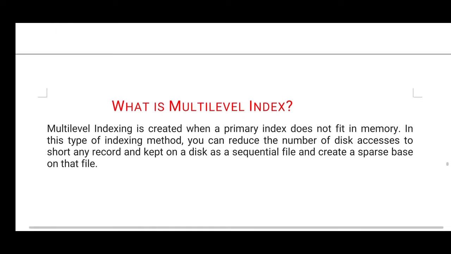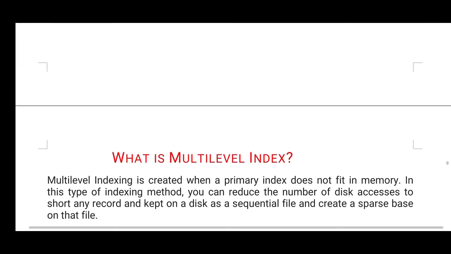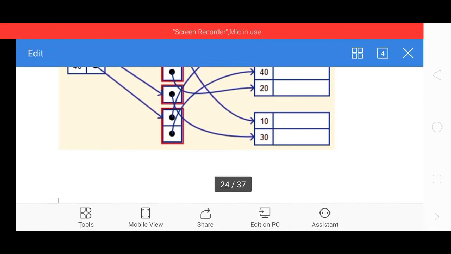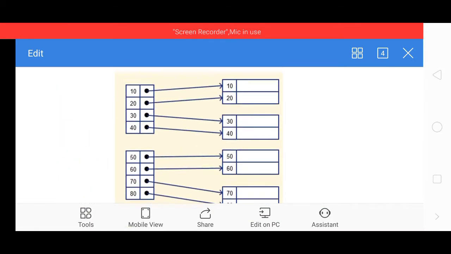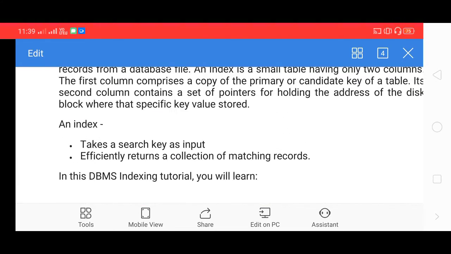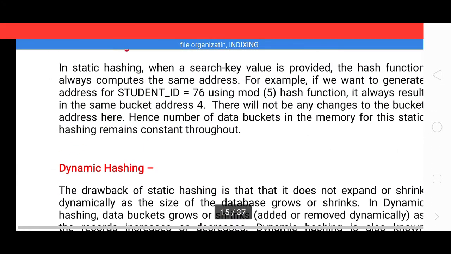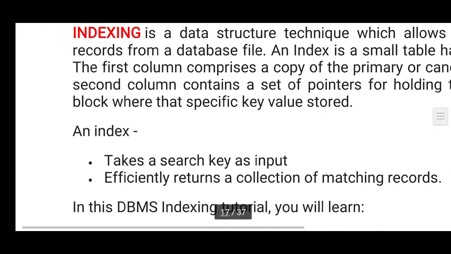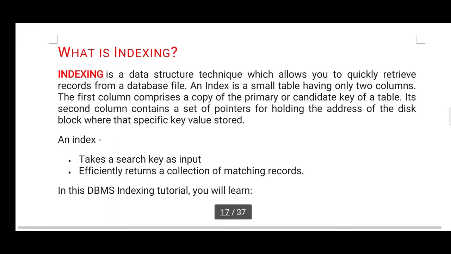What is multi-level indexing? Indexing is a structure that allows you to retrieve data quickly.